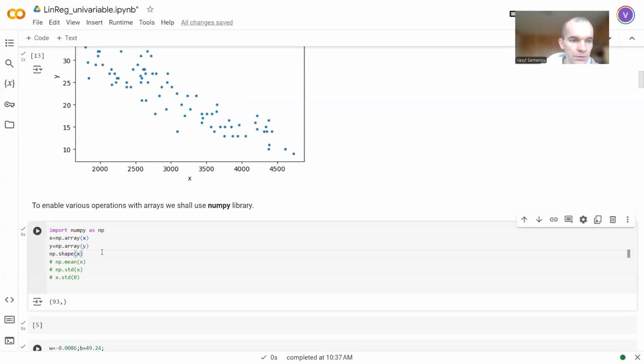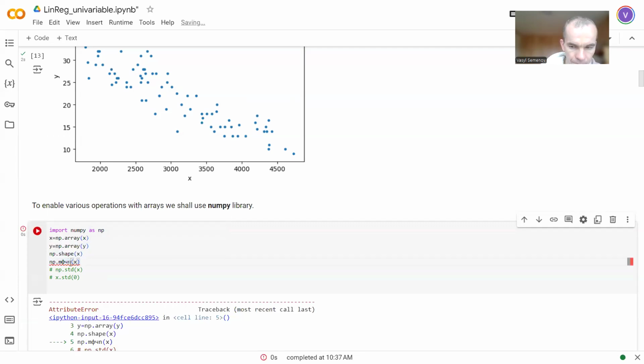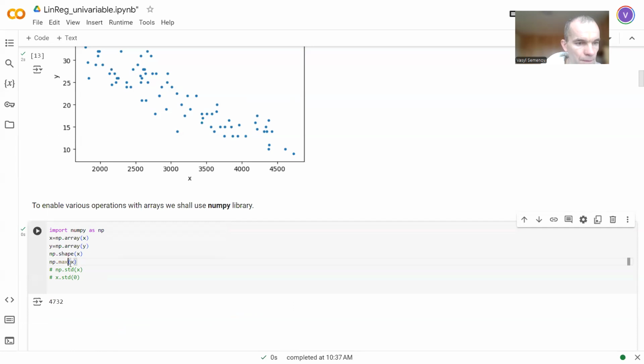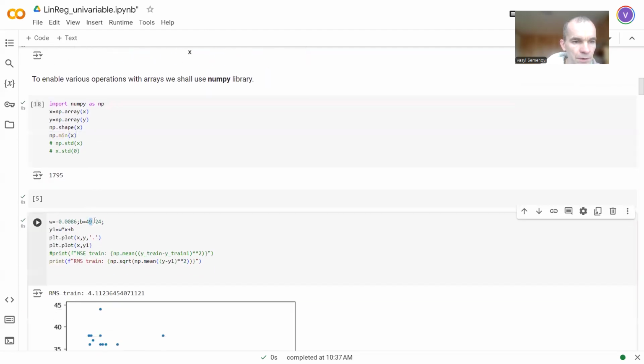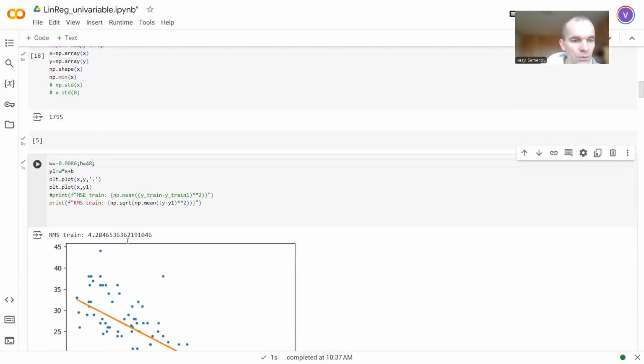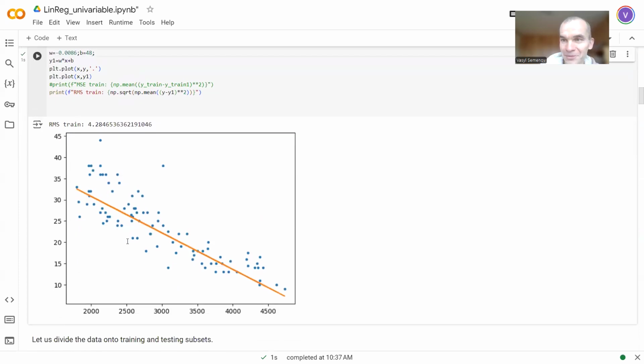And we can see, by the way, different characteristics of arrays X and Y, for example the mean, the maximum value, the minimum value, etc. So we can set different possible choices of w and b and see how they result in the potential approximation of y based on x.